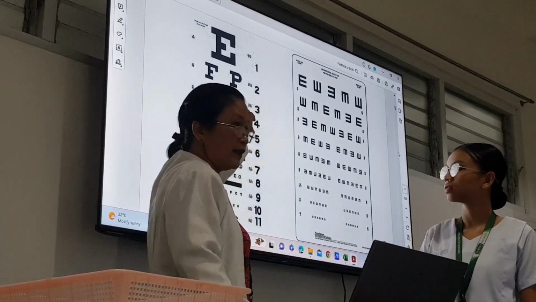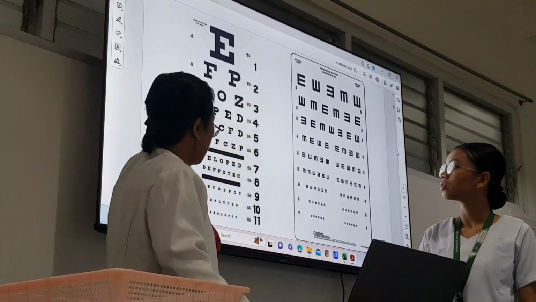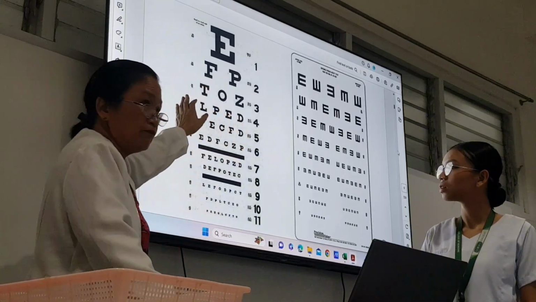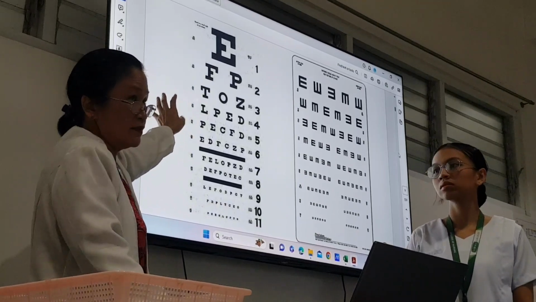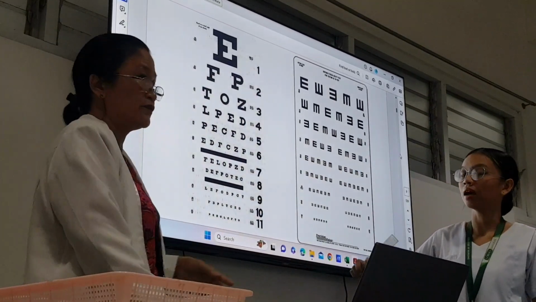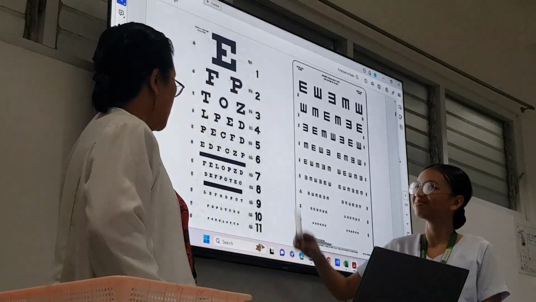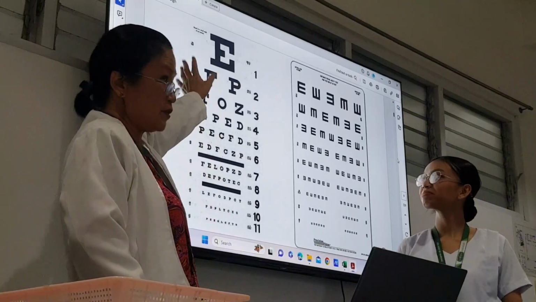Ilan ba yung kanyang how many feet kung ano ang mababasa niya dito sa Snellen chart. How far? Okay? So, start mo, Mr. Hakla. Kasi masyado, malaki. So, sige na lang.